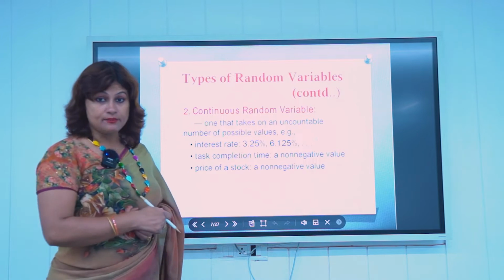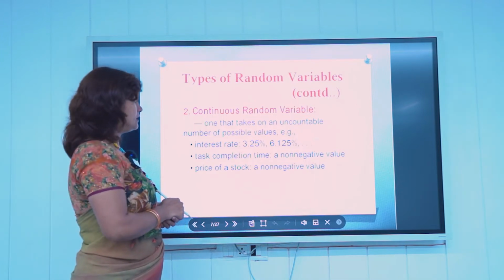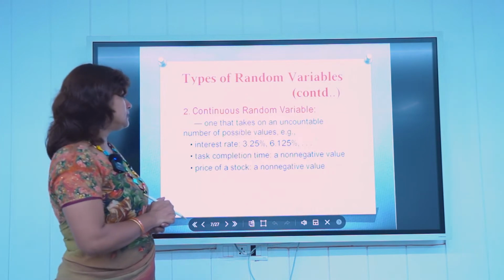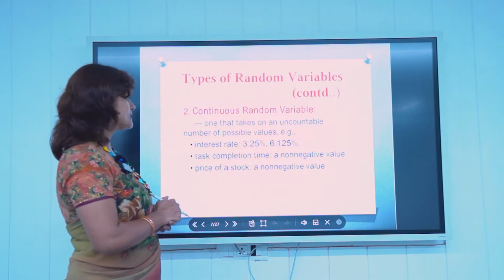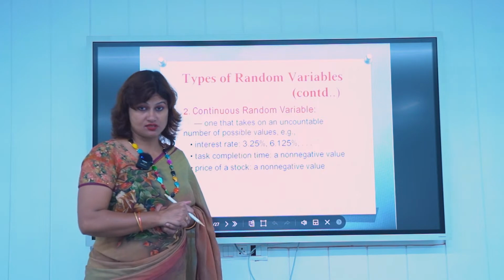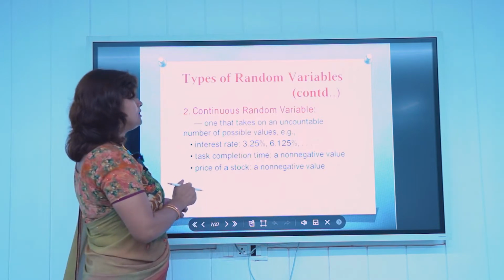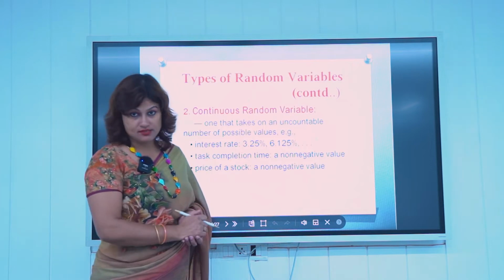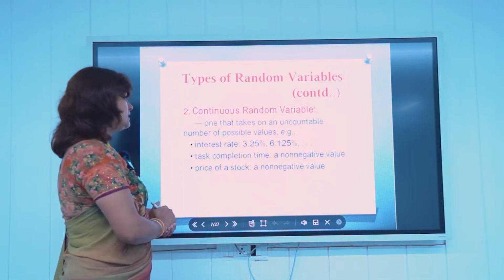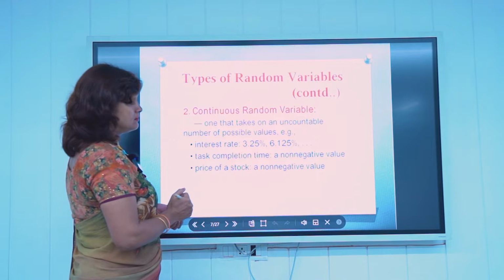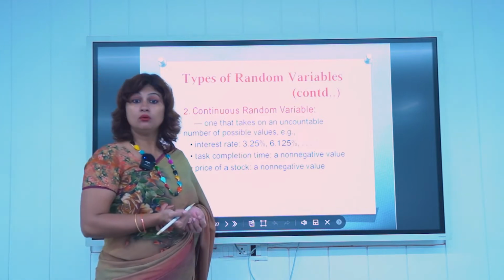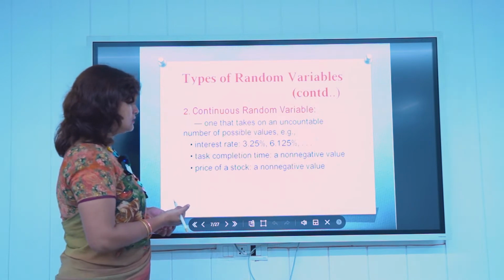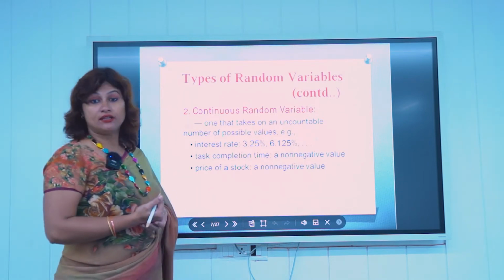In the second type, the continuous random variable takes on an uncountable number of possible values, for example, an interest rate that shows 3.25% or 6.125%, or the task completion time, which could be any non-negative value, or the price of a stock, which is again a non-negative value.